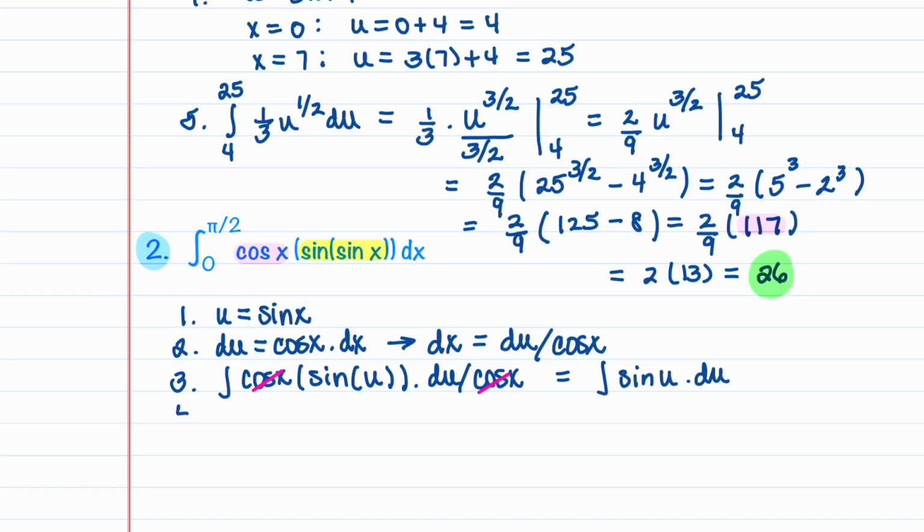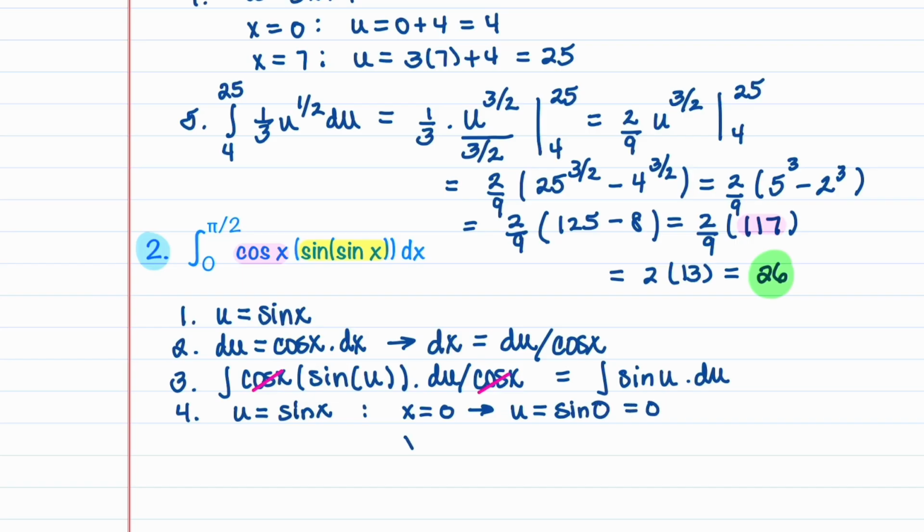For step 4, we have to find our new limits of integration in terms of u. So let's write down u is sine x, and we're going to let x be equal to 0 first. This gives us u is sine of 0, which is 0.